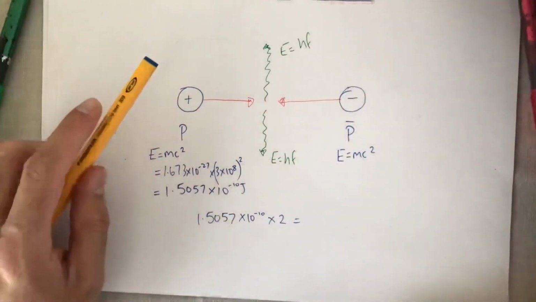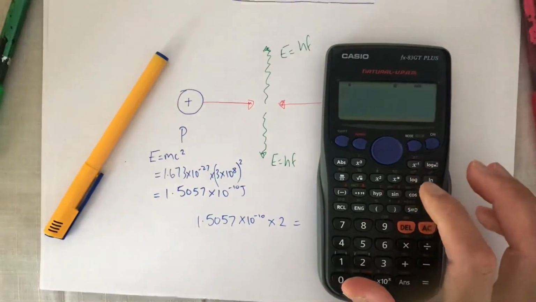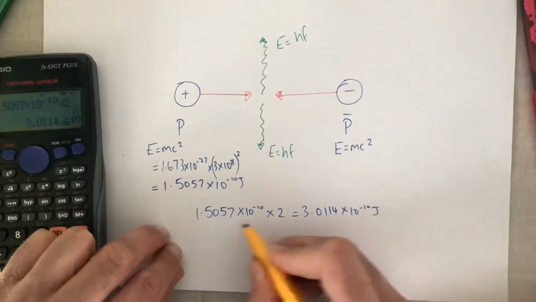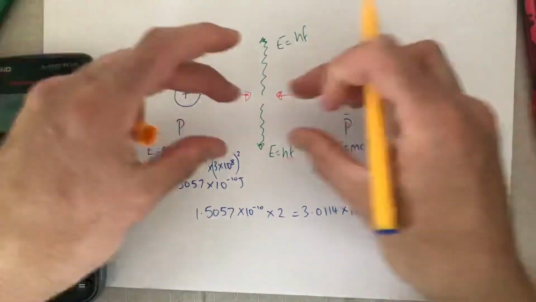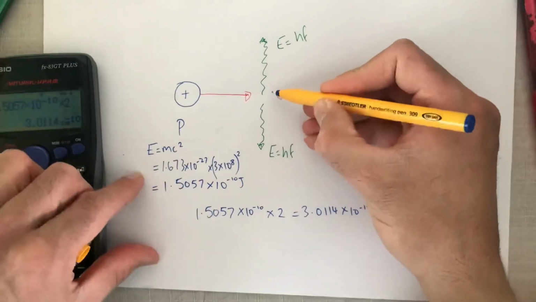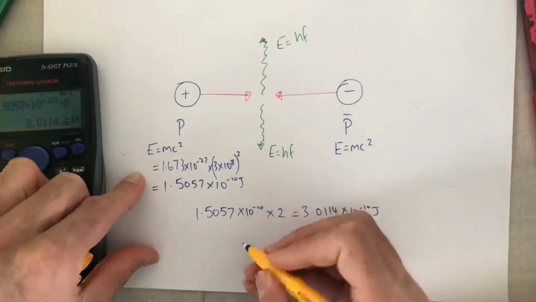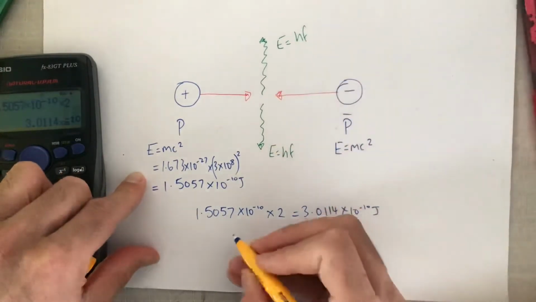So that's what we've got at the moment. So if we do that times 2, this is the first thing we're going to do. Currently there's two lots of them. We've worked out how much energy we have when we combine them together in the middle. So that's the energy of the system over here. So what we do now is, half of the energy gets taken away by this photon, half of it gets taken away by that photon.